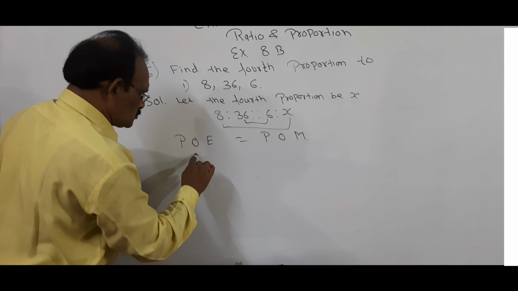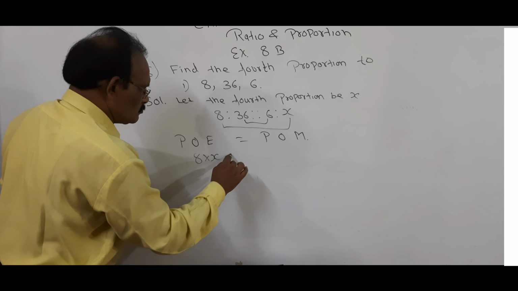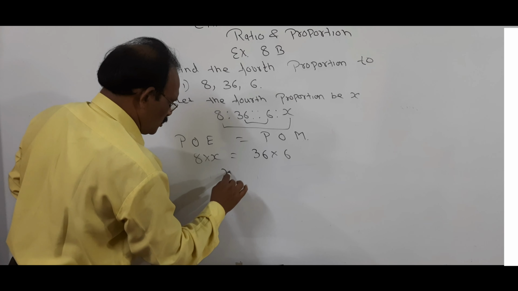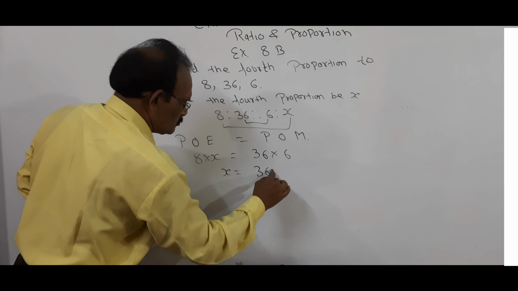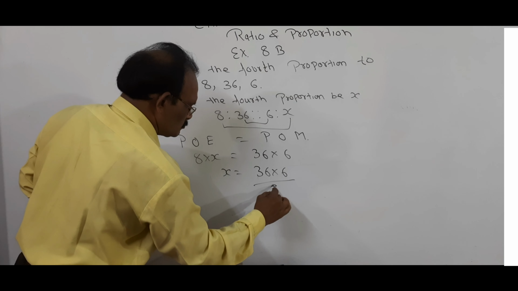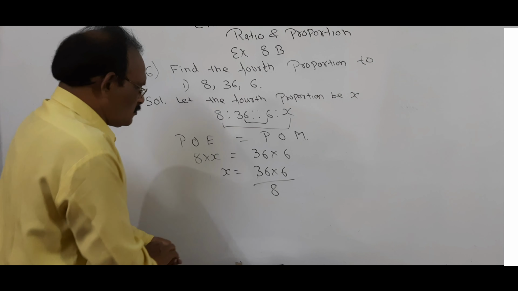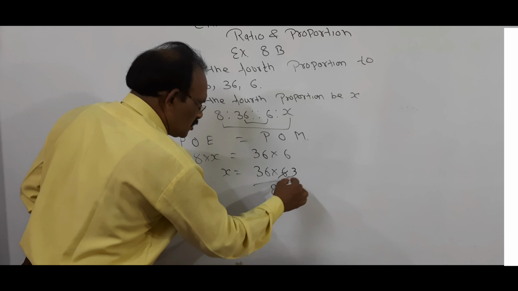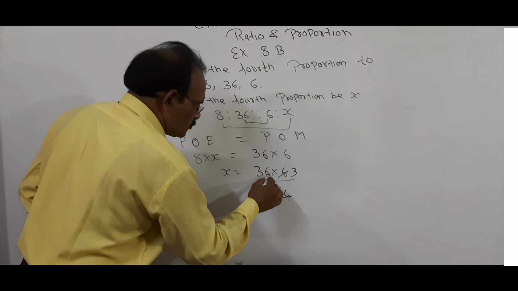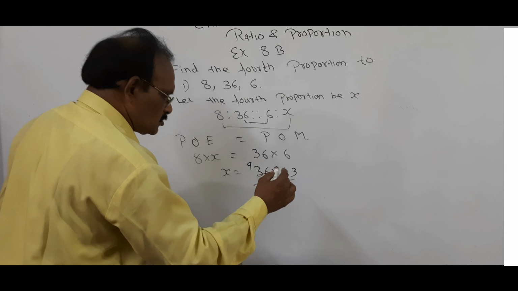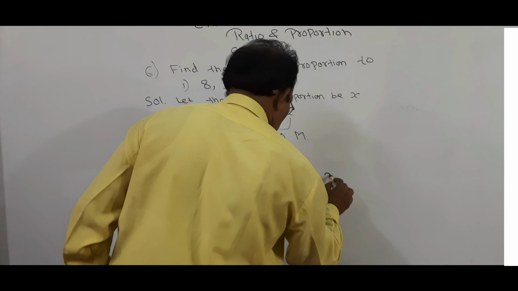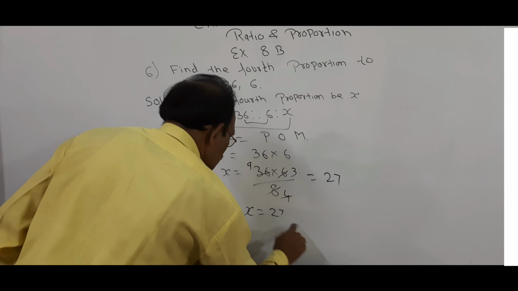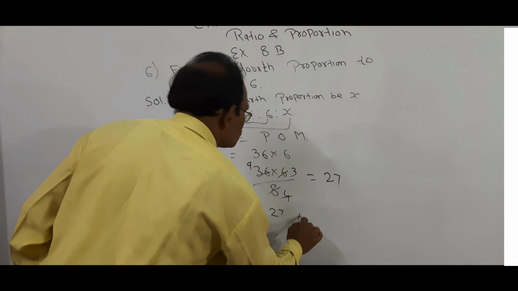So 8 into x is equal to 36 into 6. Now 8 x equals, isn't it easy? We can write 2 fours are 8, 4 nines are 36. So 9 into 3 is 27. x का value निकालना था, so x we got 27. That's our answer.